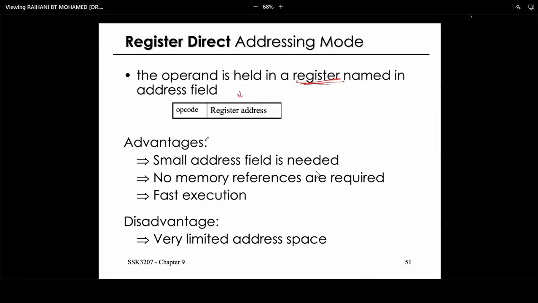The advantage of this method, register direct addressing mode, is that a small address field is needed. No memory references are required. It requires fast execution. The disadvantage here is very limited address space.